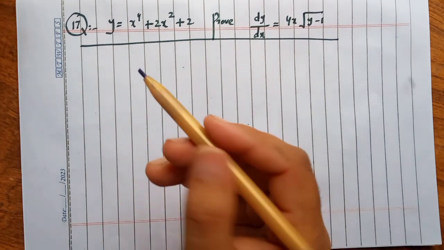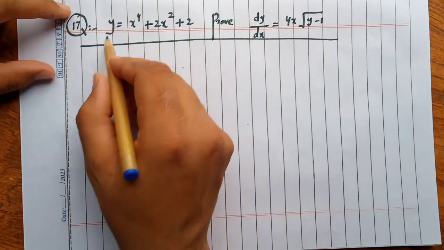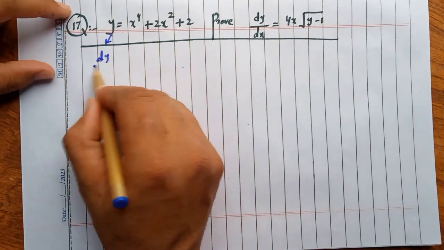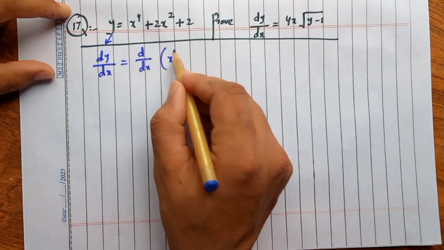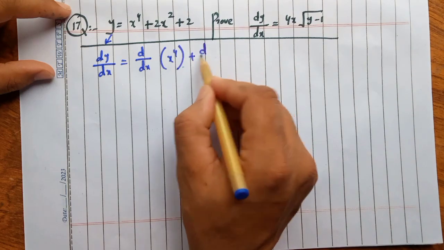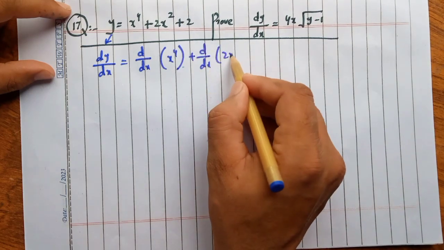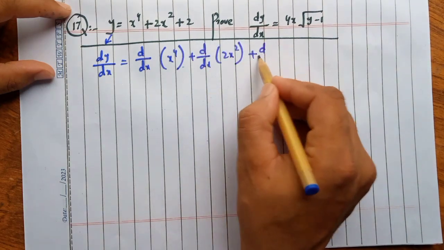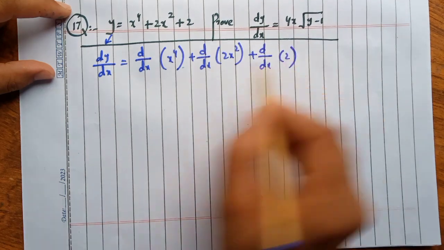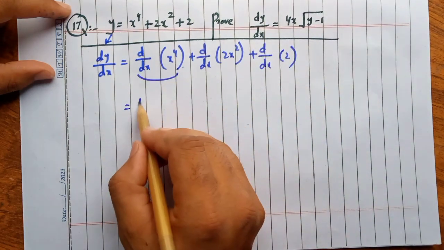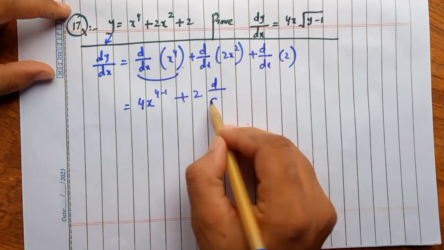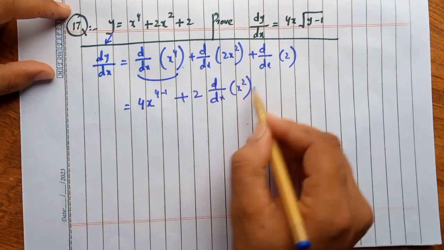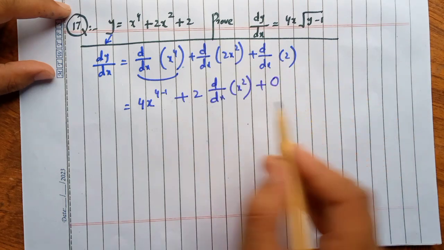This is the last question of exercise 2.3. So we will take the derivative of y, dy over dx, with respect to x: d over dx of x raised to the power 4 plus d over dx of 2x raised to the power 2 plus d over dx of 2. So applying the power rule, this will become 4x raised to the power 4 minus 1, that is 4x cubed, plus 2 taken as common d over dx of x squared, plus the derivative of the constant 2, which will be equal to 0.